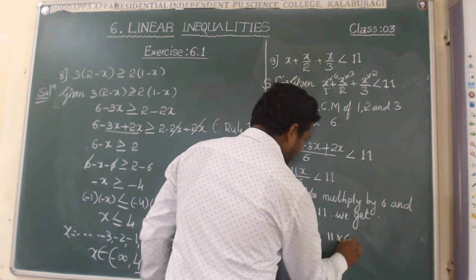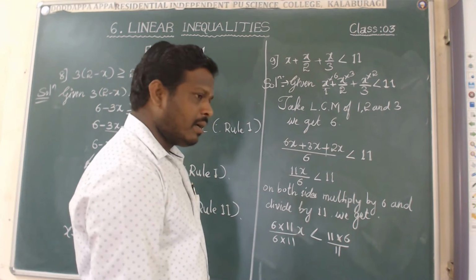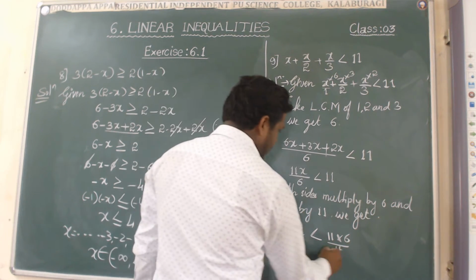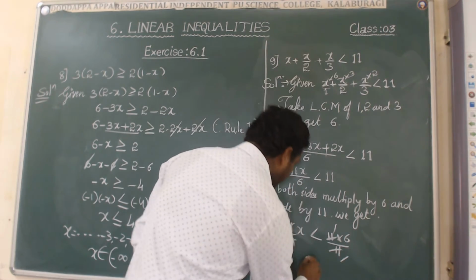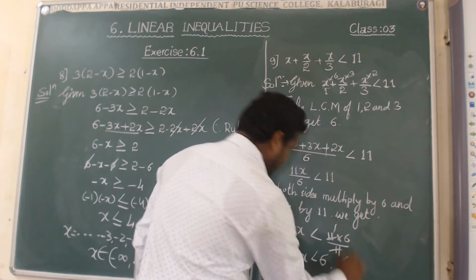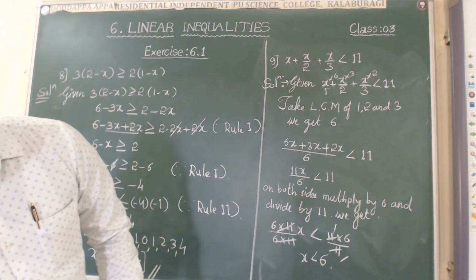I am multiplying by 6 and dividing by 11. Now these like terms get cancelled, only x is left, and 11 into 6 divided by 11 is left. Then you will get x is less than 6. Getting? x is less than 6.